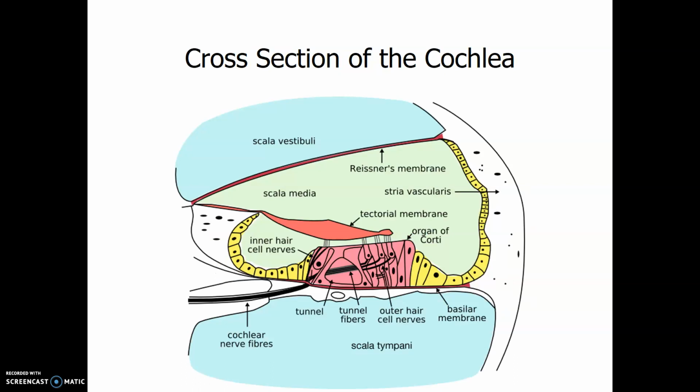Here's your organ of Corti, and here are the hairs. The movement of that fluid vibrates the tectorial membrane, which compresses and distorts those hairs, and then those hairs send signals to the auditory nerve.